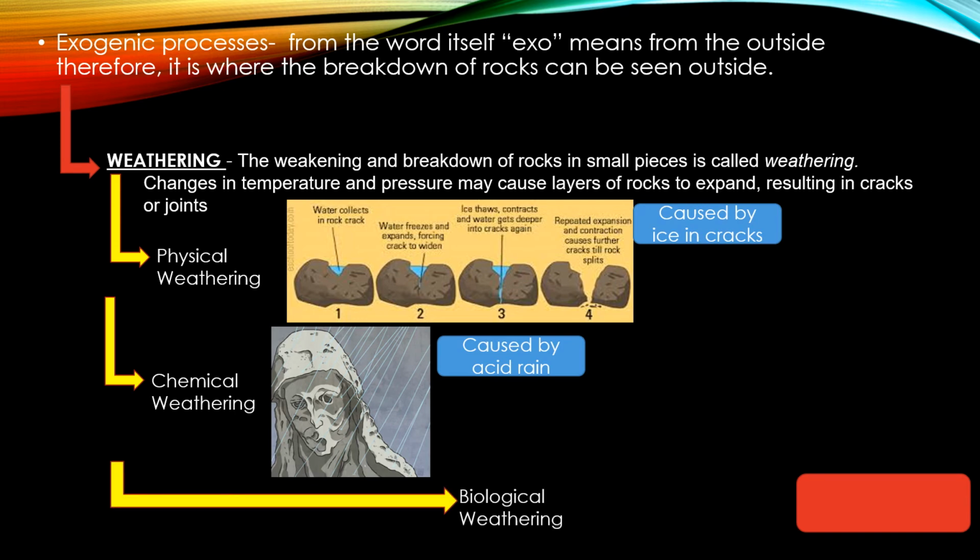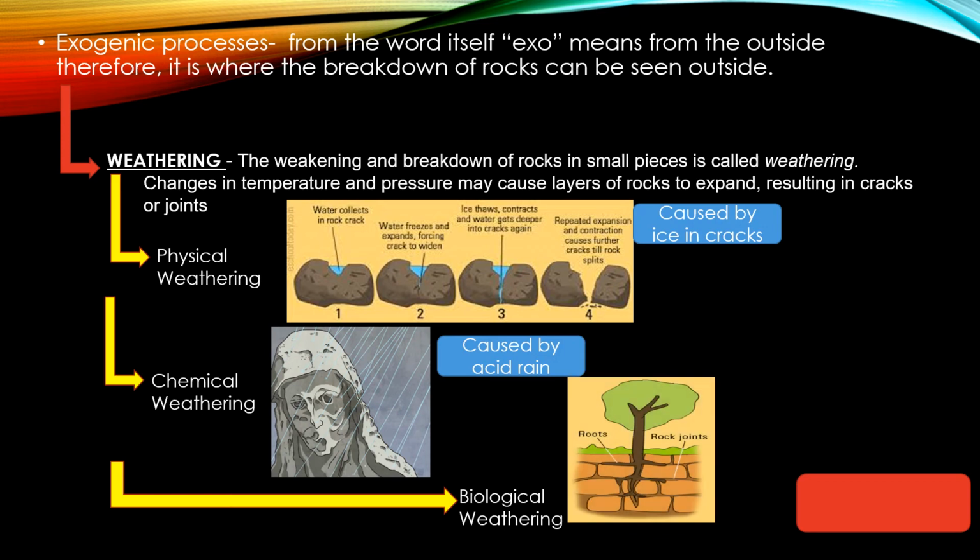Then last is the biological weathering. From the word itself, biological. One example of biological weathering is that caused by plant roots in cracks. Plants are also a type of biology.